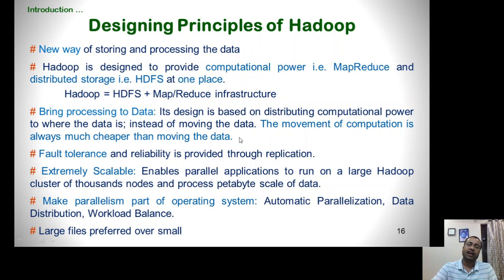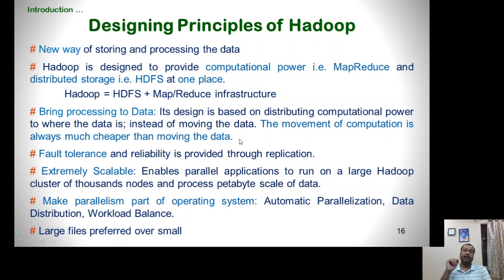As we have discussed in the previous lecture, in a traditional distributed computing system we transport the data. We have a large volume of data, we partition the data into multiple chunks and then send the data to corresponding nodes for processing. That requires huge bandwidth and processing power, which increases the computation time.